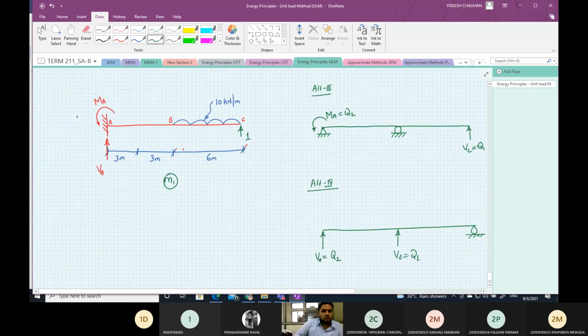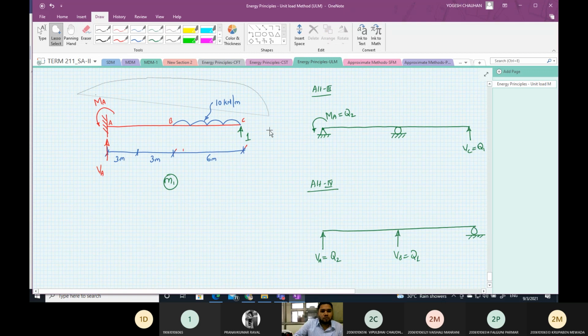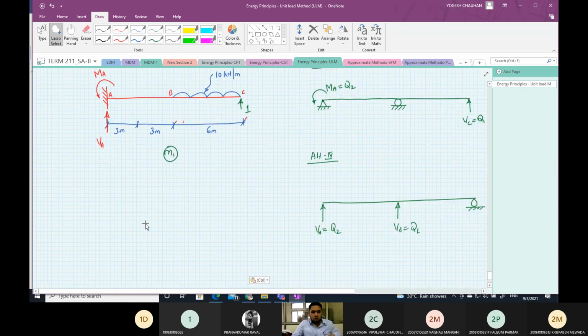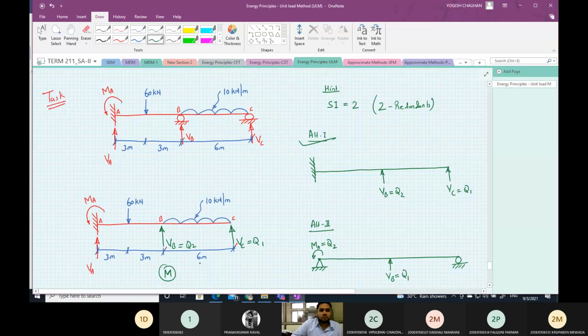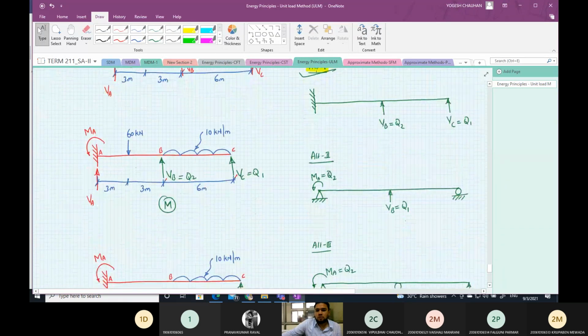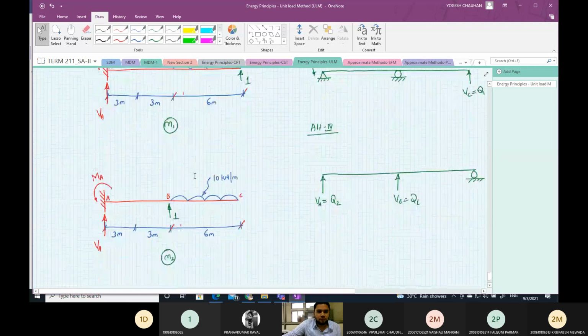And for M2, you apply unit load here. So this will give you M2. Okay, note that this is for this alternative. For the other alternatives, it will be different.